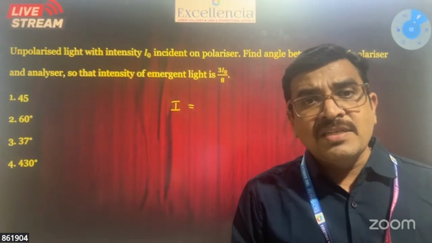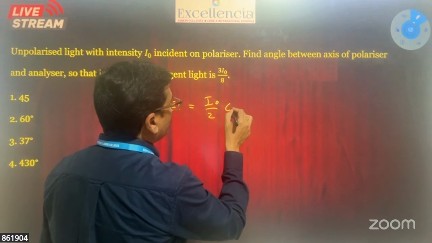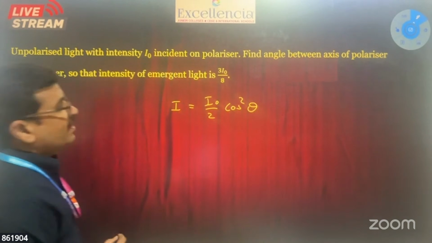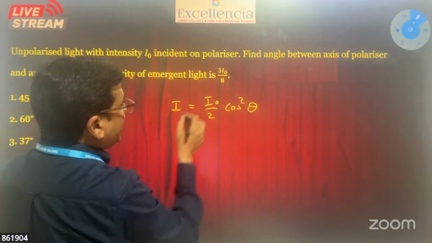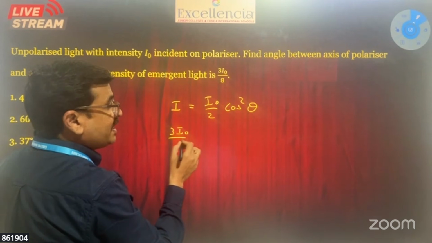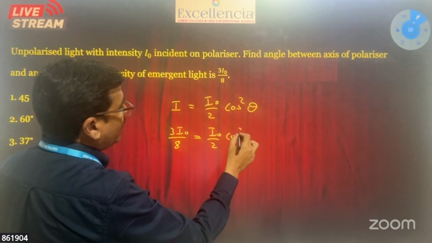That means after the analyzer, the intensity of the light can be given as I naught upon 2 times cos square theta, where the emergent light intensity is given as 3 I naught upon 8. So 3 I naught upon 8 equals I naught upon 2 times cos square theta. On solving it, we get 3 upon 4 equals cos square theta.